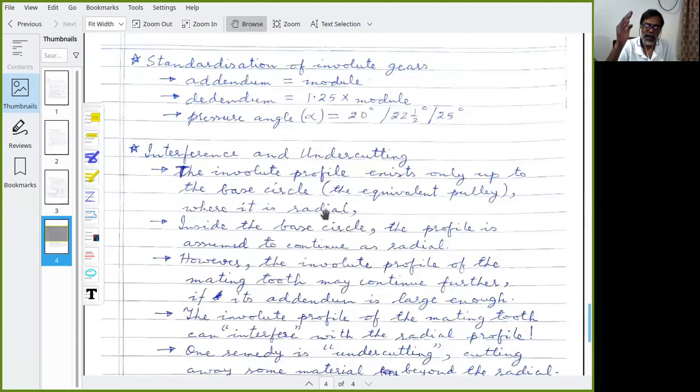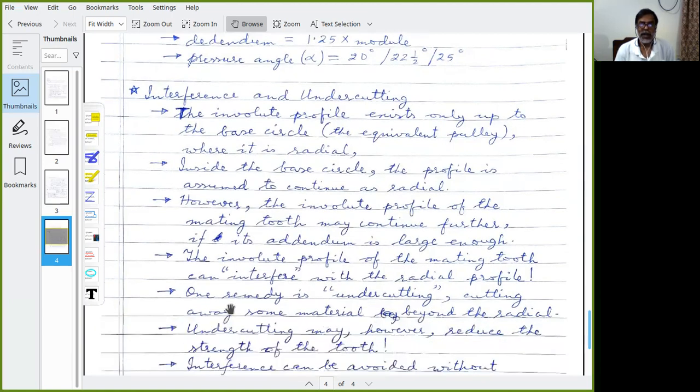So it is just continued in that radial direction. However, the involute profile of the mating tooth of the other gear may continue further because for that it is outside. So if its addendum is large enough, the involute profile of the other one might interfere with the radial profile of this one if it is not tangential. In general, it will not be tangential.